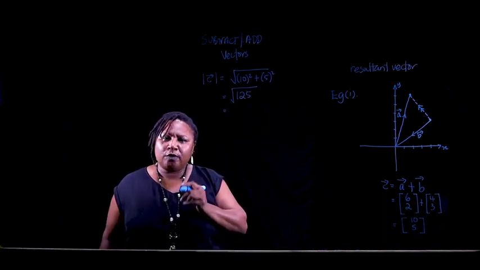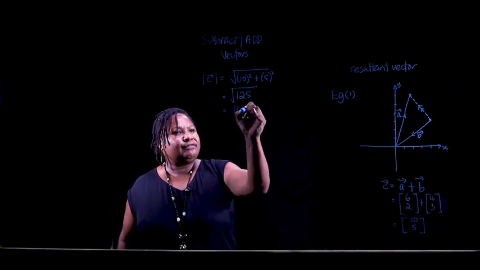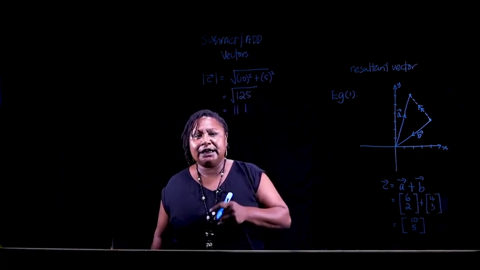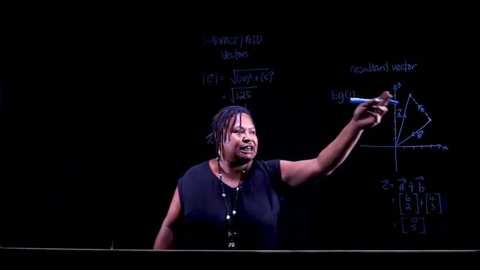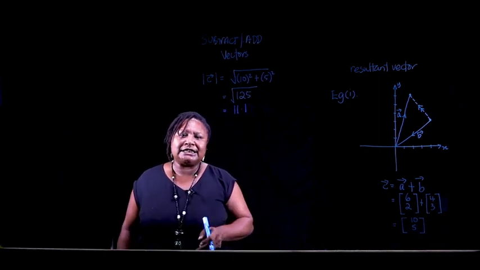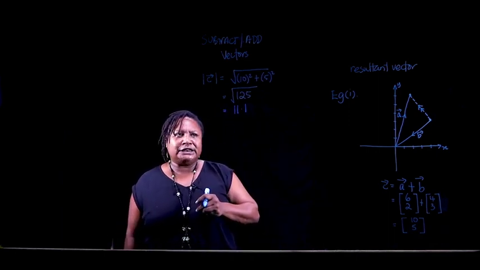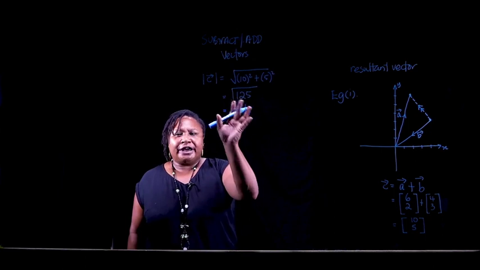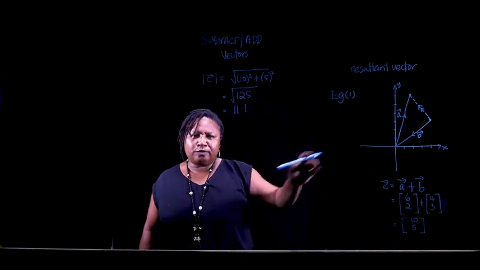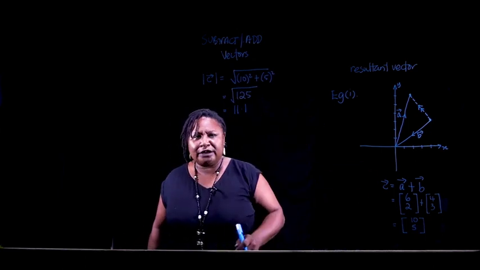The square root of 125 is 11.1. So the length of vector C, or the resultant vector, is 11.1 units. We have found the length. Now let's move into finding the direction of that vector.